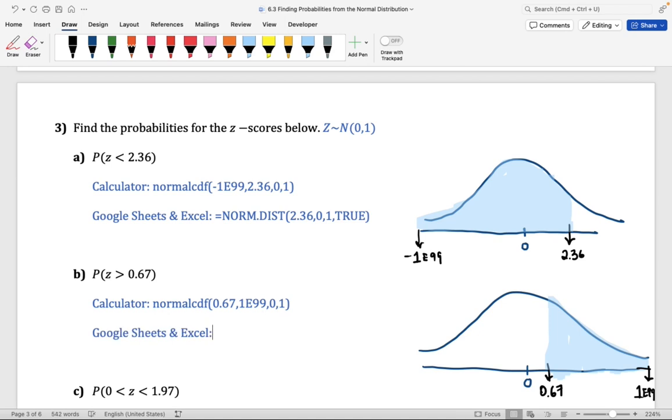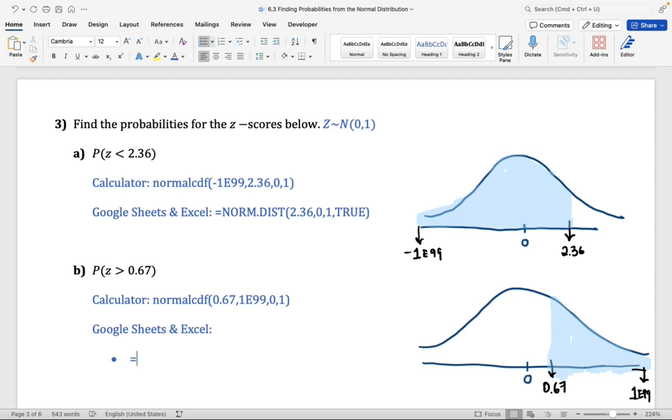Now, if you're using Google Sheets and Excel, we have two steps. The first step is to type equal norm.dist. Then you go ahead and enter your x value, 0.67, the mean, and the standard deviation. Then you go ahead and type in true. Now, remember, this function is going to give you the area to the left of 0.67.